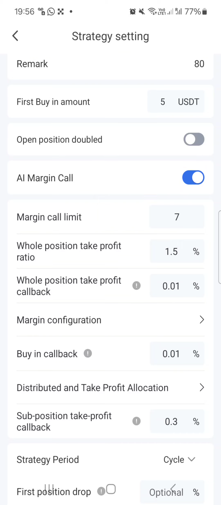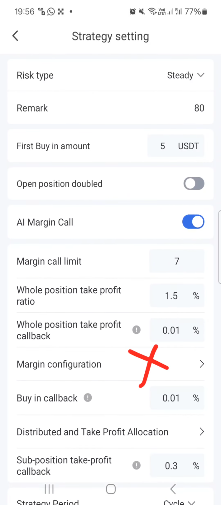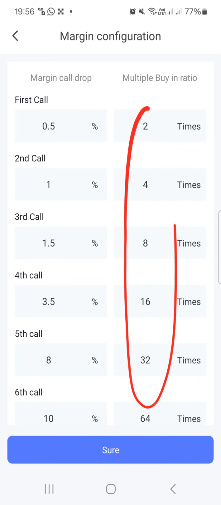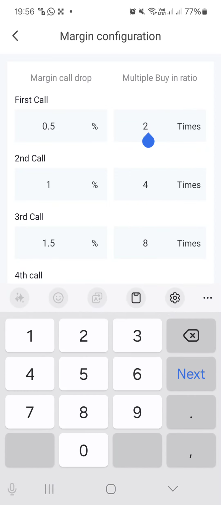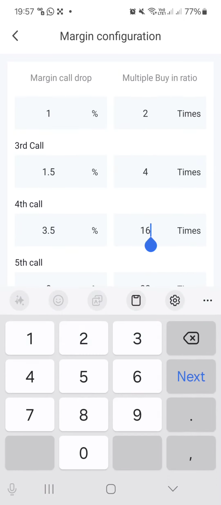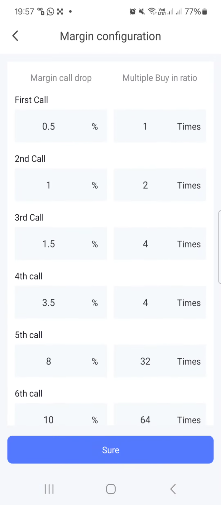Okay, so like I said, the margin configuration, that's where I was. This makes sure that we divide your money. Because we have $80, you can use 1 here, 2 here, 4 here, and 4 here again, so that altogether you've got about 60 something. Let me see.